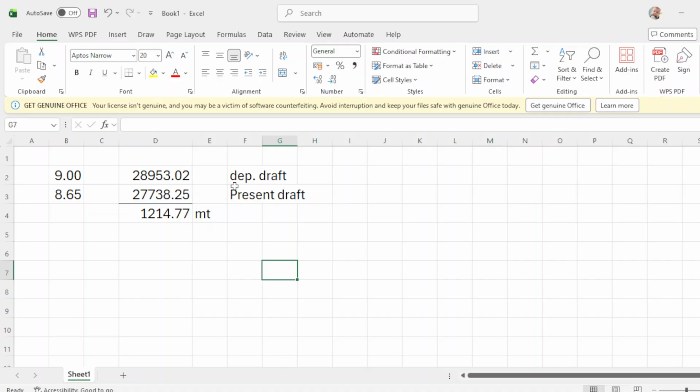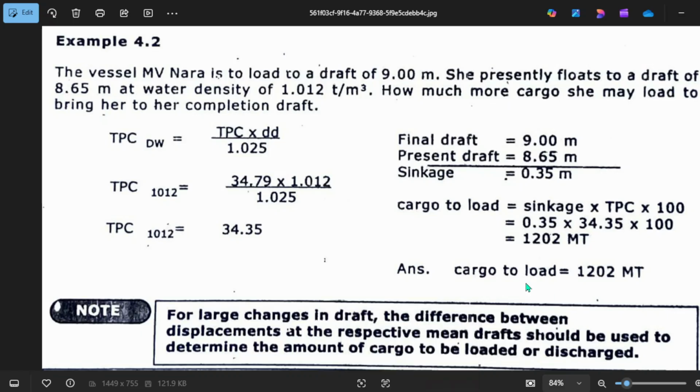So this is your departure draft of 9 meters, this is your displacement, minus your present draft of 8.65, the displacement. Then your remaining cargo to load should be 1215. But in the sample here, because of the interpolation of this TPC, it should only be 1202.